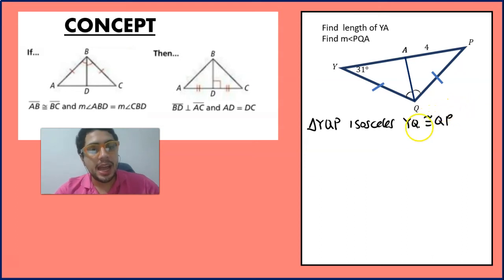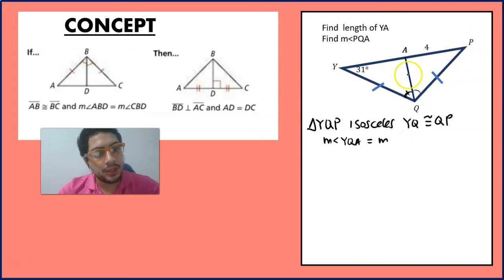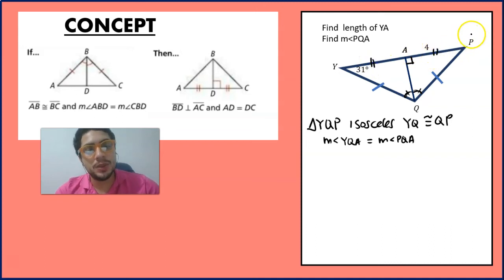We also know that the measurement of angle YQA is equal to the measurement of PQA, which we're being told by the tick marks we have there. We can deduce that QA is a perpendicular bisector, meaning that QA forms a 90-degree angle with YP, and that YA and AP are going to be congruent.